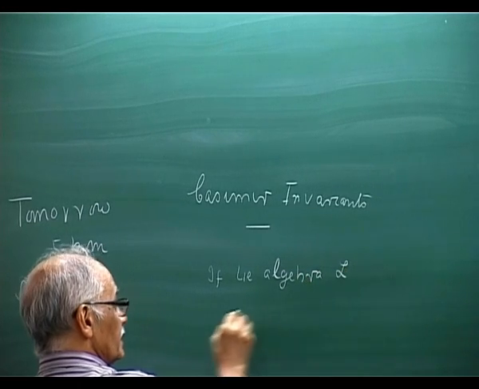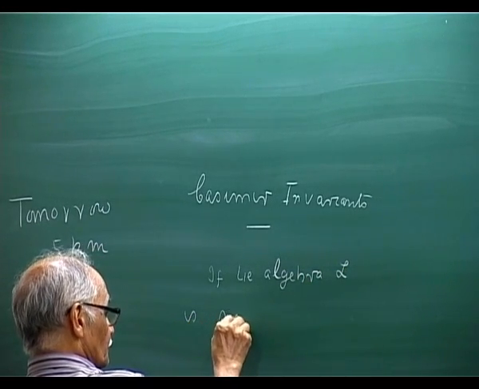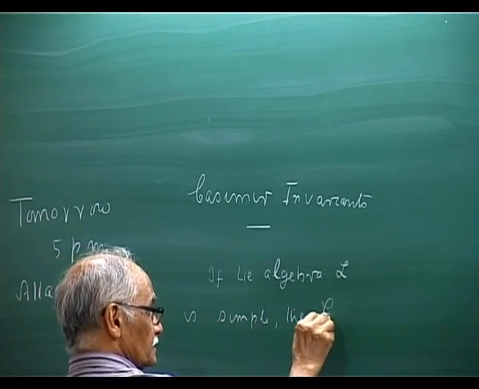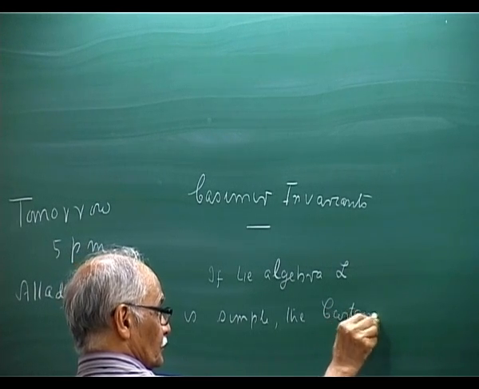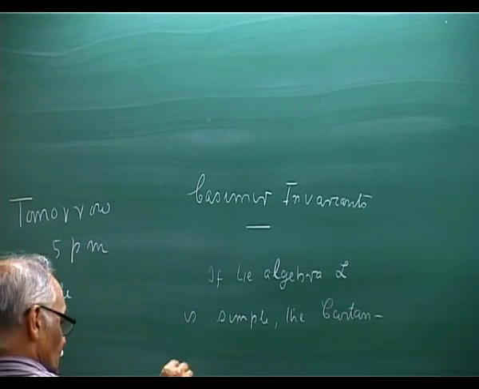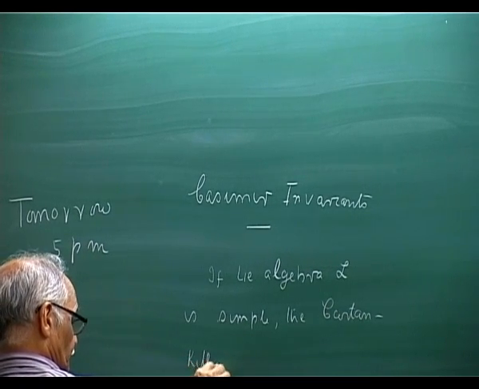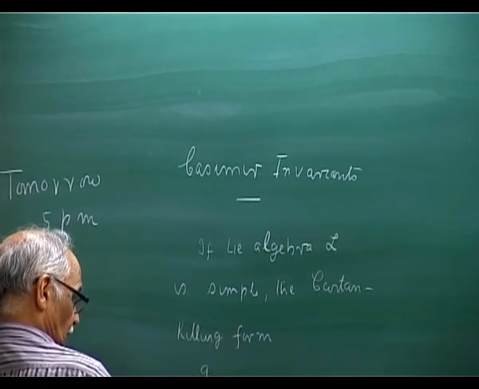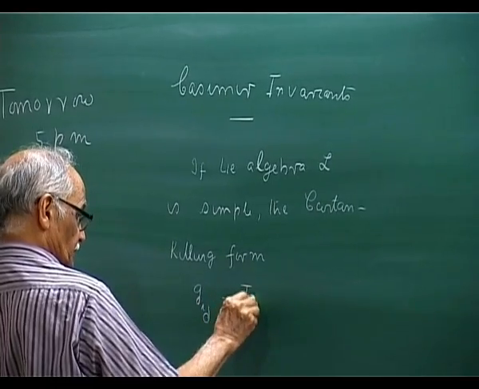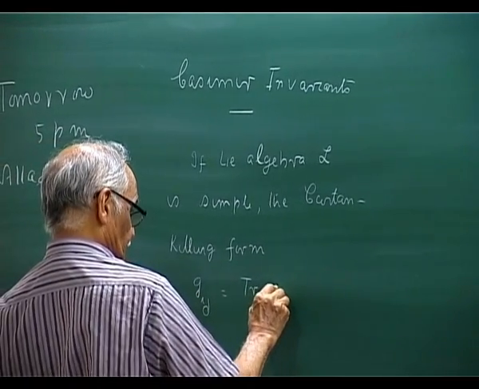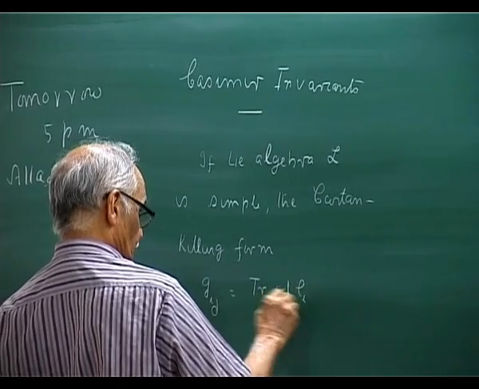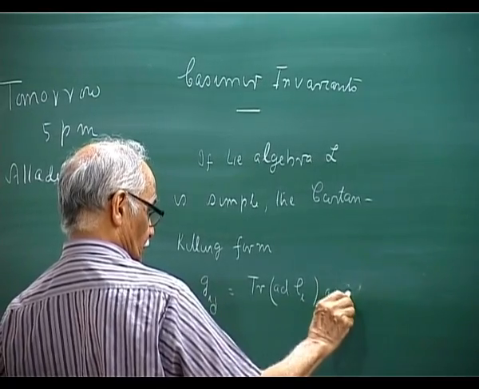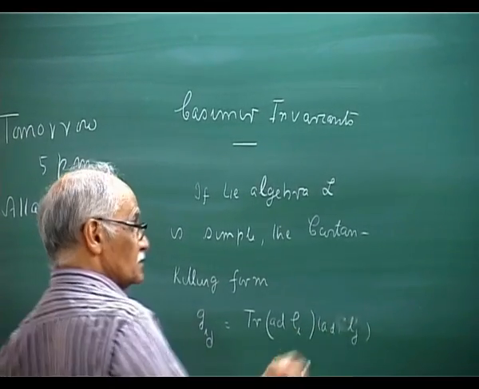L is simple, okay. The Cartan-Killing form g_ij, which is trace of ad L_i ad L_j, is non-degenerate.